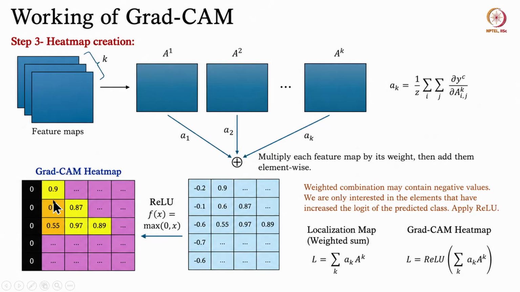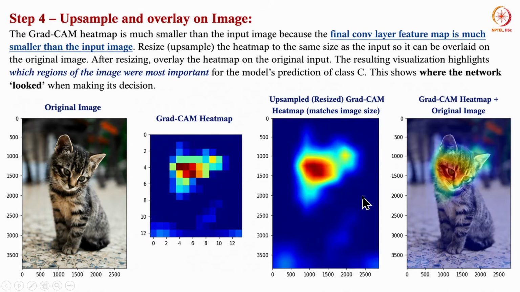Here you can see the values are 0.9, 0.97, 0.89, 0.8. So these are influencing more. These are pixels. Here also we have pixels with less influence, here zero influence.